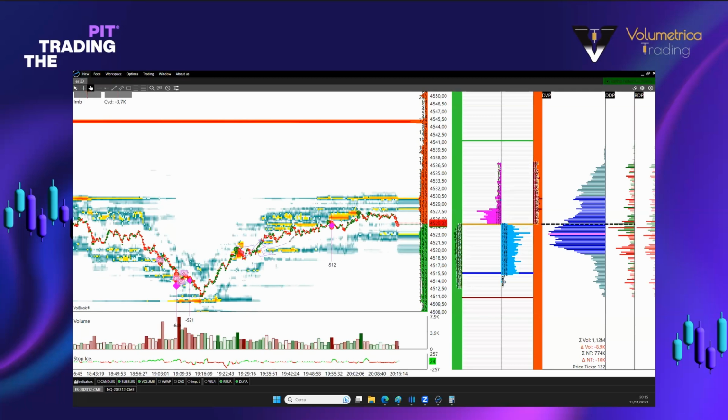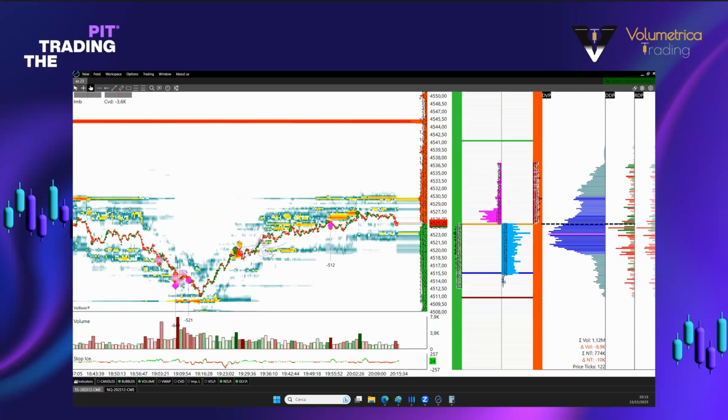And the fact that it appears behind a price which is going in the opposite direction tells us what's really happening here. Well, price is rising.